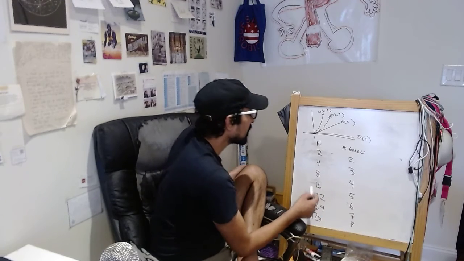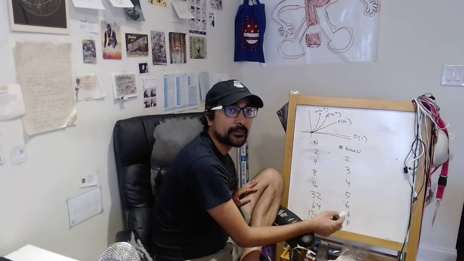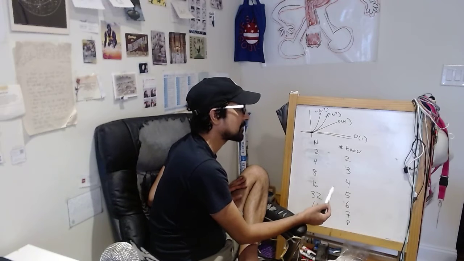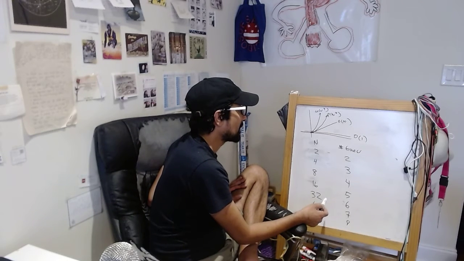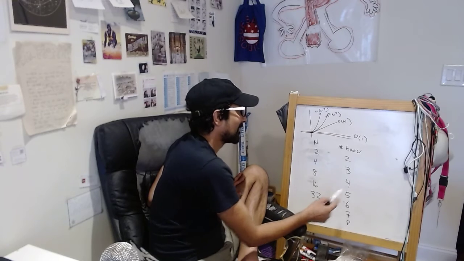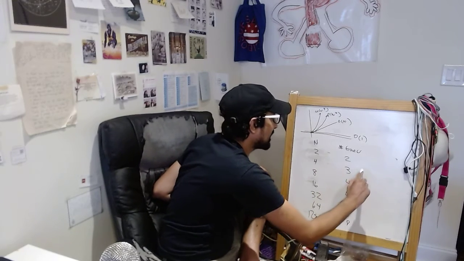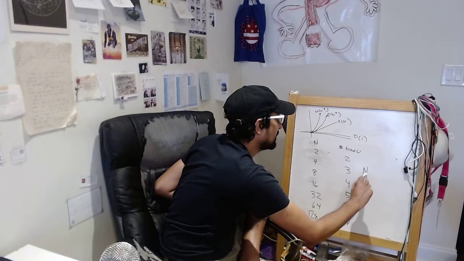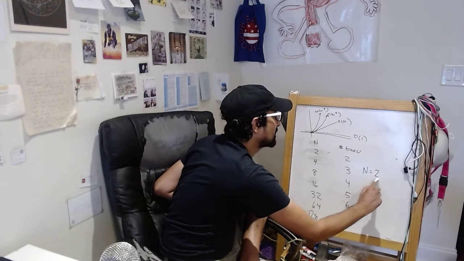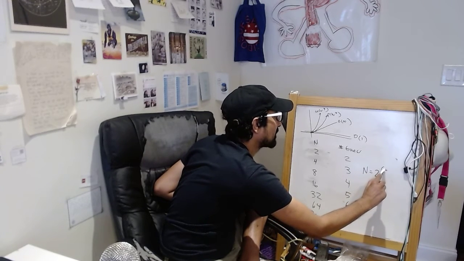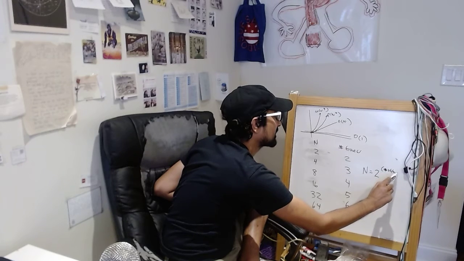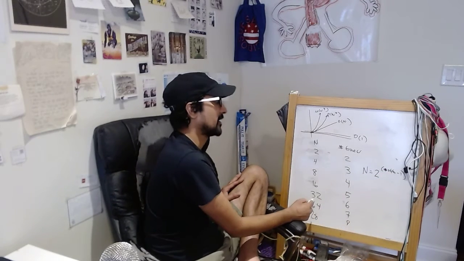Okay. Someone might look at this, some mathematician in the crowd, which I'm not. But somebody might look at this and say, well, this is like n equals 2 to the power of number of guesses minus 1. Okay?